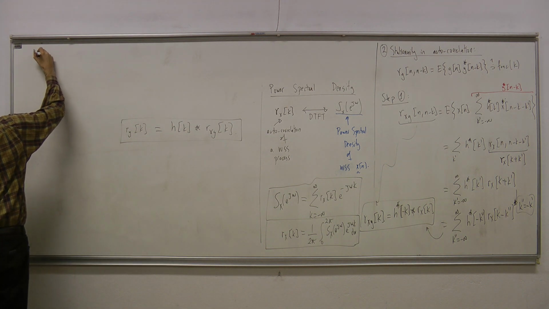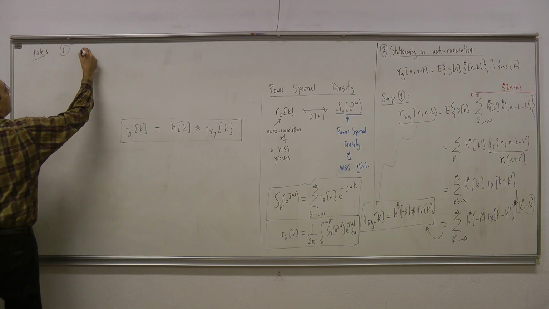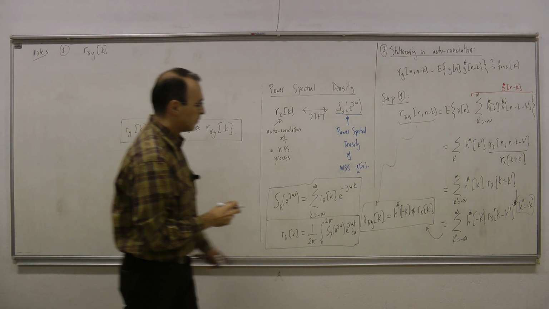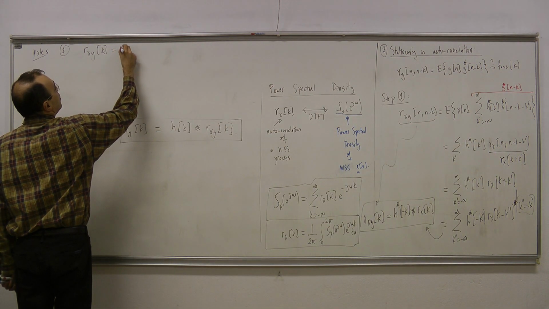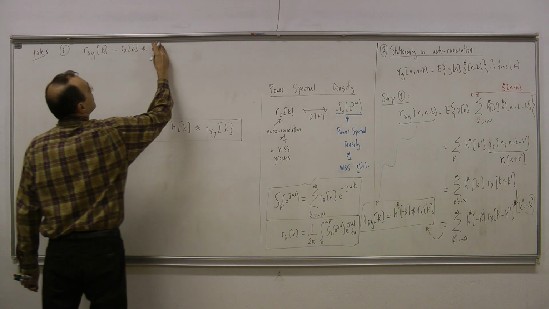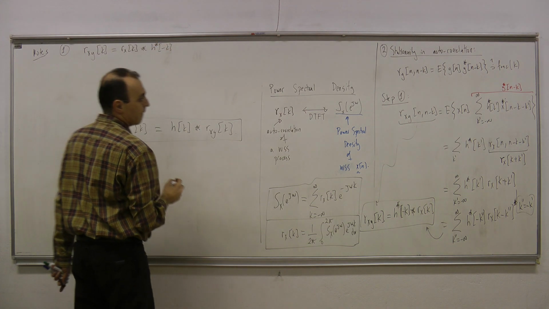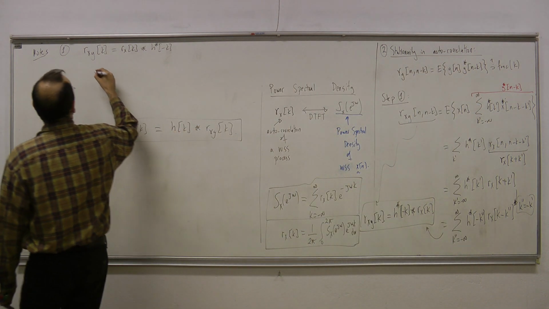So let me first make note of this. Notes. Number 1, Rxy of k. I will make use of this convolution property of the Fourier transforms. This is h of minus k conjugate. Now I'll write this one.